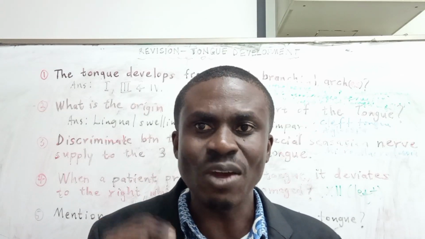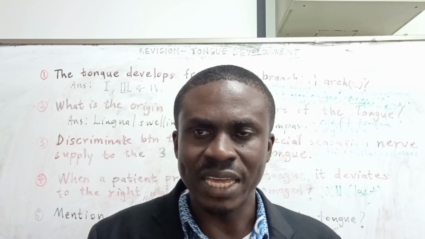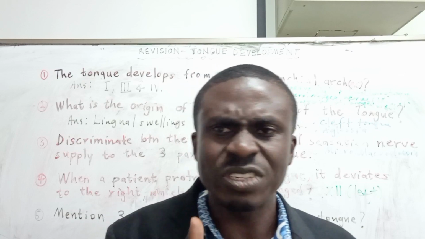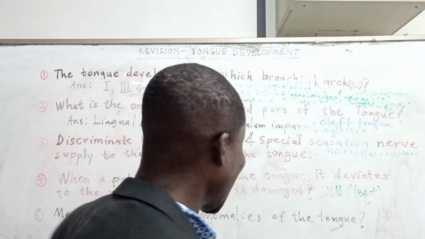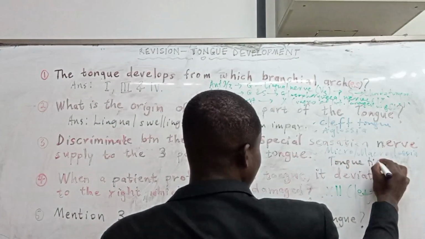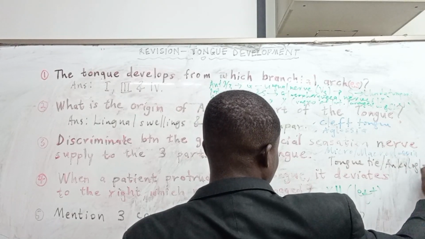That is something we call the lingual frenulum. Abnormality of this lingual frenulum may lead to ankyloglossia, which we call tongue tie.